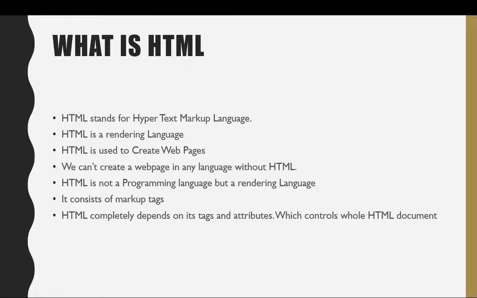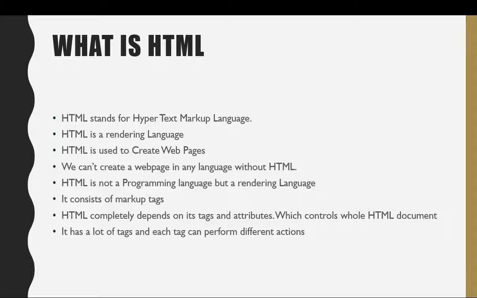HTML completely depends on its tags and attributes, which control the whole HTML document. As I said, we need to apply the tags, and for making the tags more interesting, we use the attributes. So basically the complete HTML depends on both things: its tags and its attributes. The interesting thing is HTML has a lot of tags, and each tag can perform different actions.